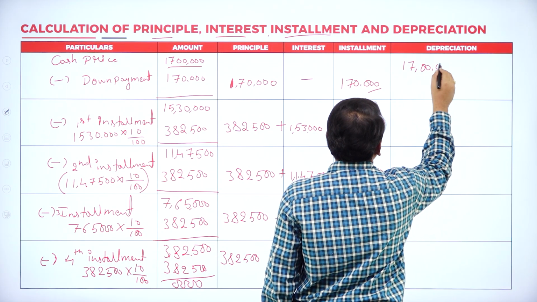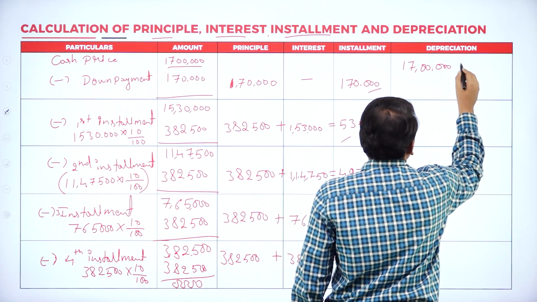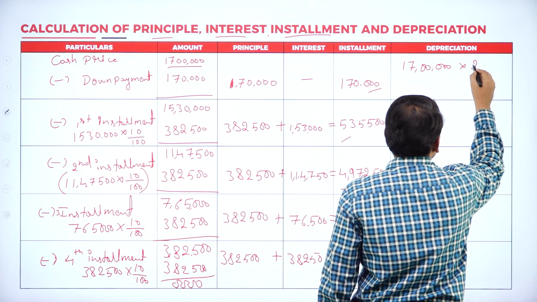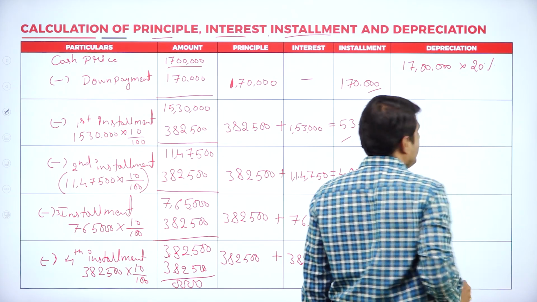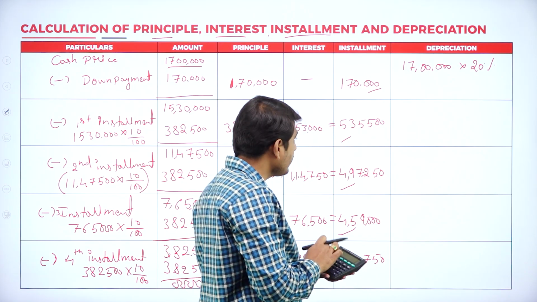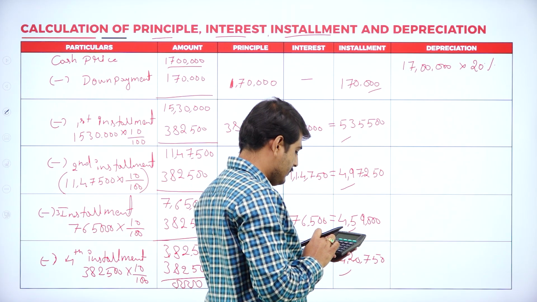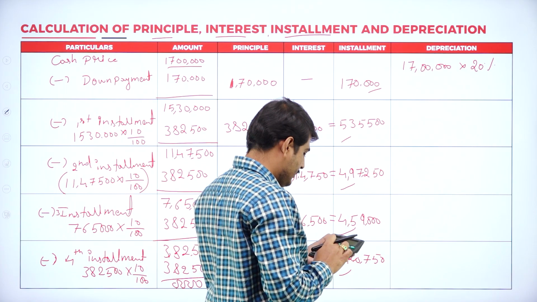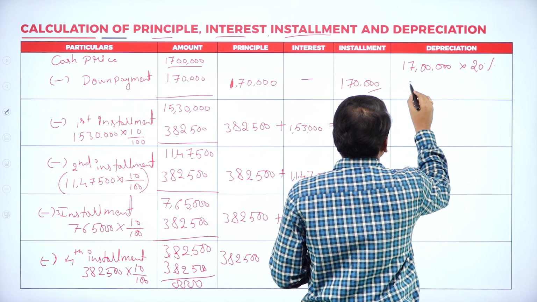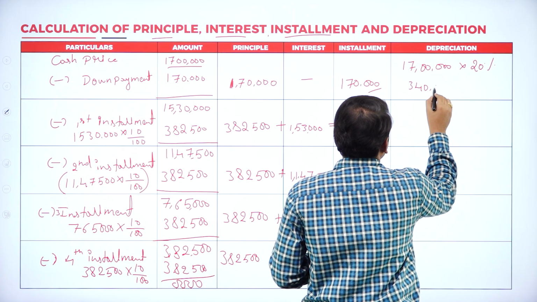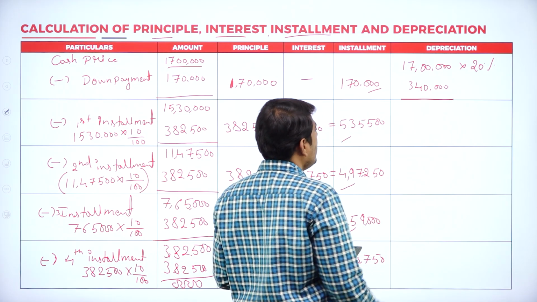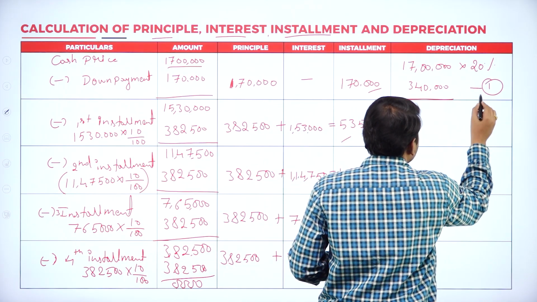17 lakh into what is the rate of depreciation for first 2 years? It is 20%. So if you calculate 20%, 17 lakh into 20%, you'll get 3,40,000. 3,40,000 is the first year depreciation.